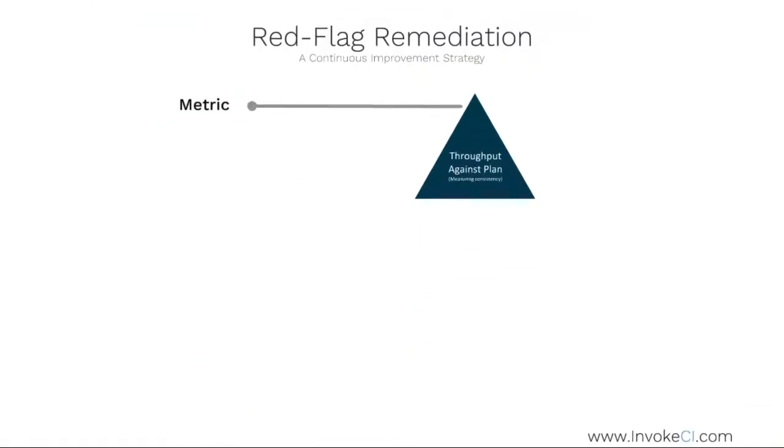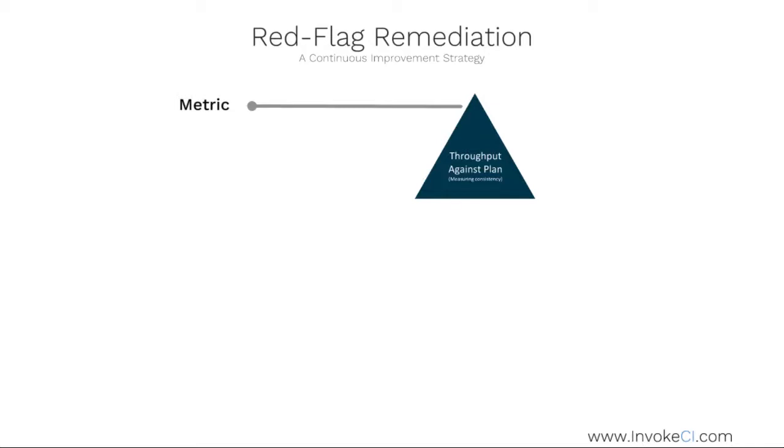So jumping right in, let's go ahead and use a real example. Our teams measure throughput against plan. This is a consistency metric, and it helps teams to understand based off of their historical velocity, their capacity, what their total throughput should be for a given sprint. And then after the sprint, you measure what that throughput was against the plan, and that gives you your throughput against plan.